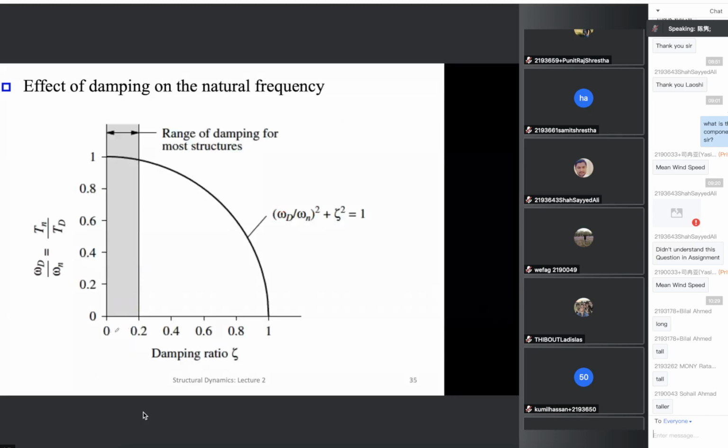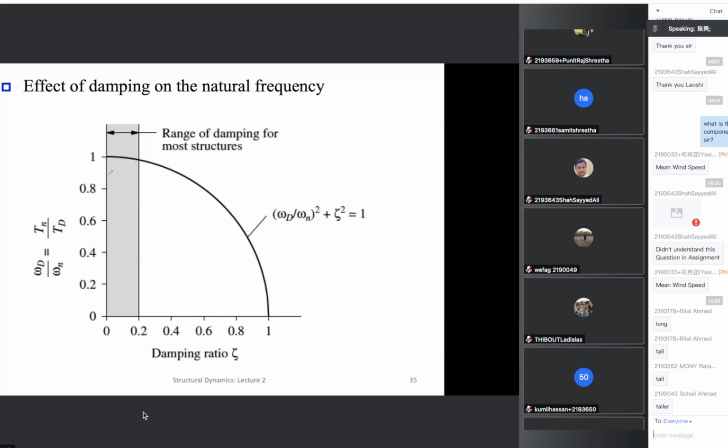So we can compare this. This is the damping ratio from 0 to 1, and this is omega d over omega n, or Tn over Td, the ratio. This is the natural frequency, and we call this the damped natural frequency. This is the natural period, and this is the damped natural period.